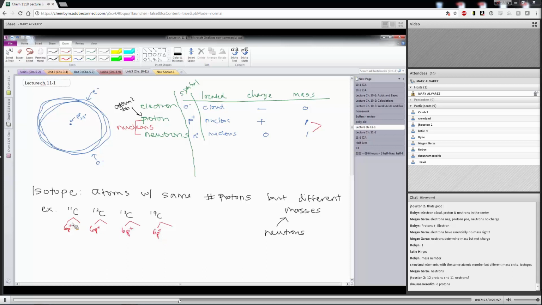Okay, so then how many neutrons would carbon 11 have? 5 neutrons. What about carbon 12? How many neutrons does it have? 6 neutrons. Carbon 13, how many neutrons does it have?